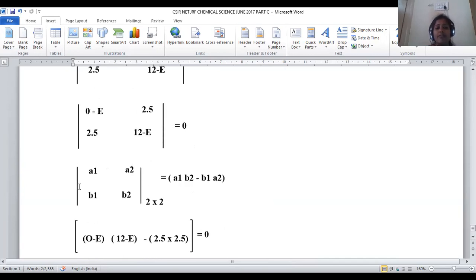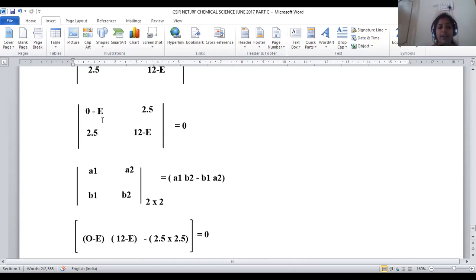This is in the form of A1, A2, B1, B2. If the matrix is there in this manner, we can go for multiplication. How is the multiplication possible? In the cross diagonal manner, we have to multiply. A1 is multiplied with B2 minus B1 multiplied with A2.